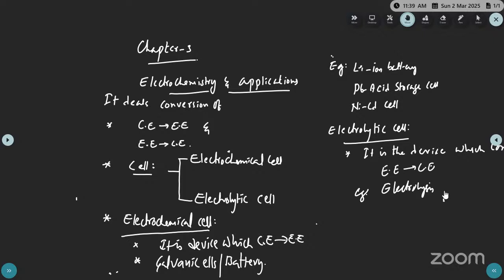Next, the cell can be classified into two types: electrochemical cell and electrolytic cell.